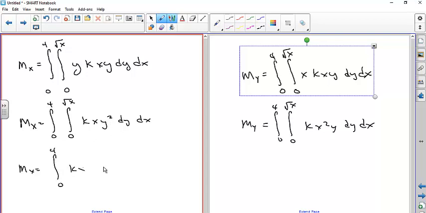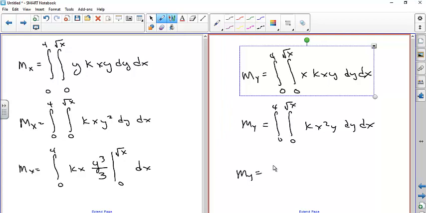The k and the x are constants. We get y cubed over 3, evaluated between 0 and the square root of x, multiplied by dx. Over here, we integrate with respect to y again, but y is just y, not y squared. So we get kx squared, which is a constant relative to the first integration, and y squared over 2 evaluated between 0 and the square root of x, times dx.